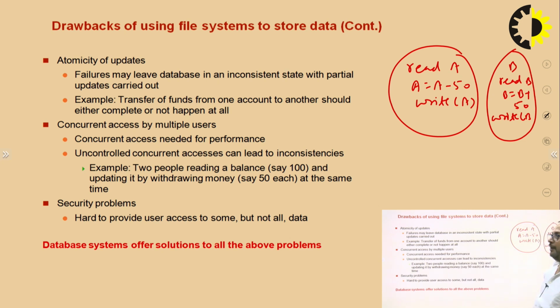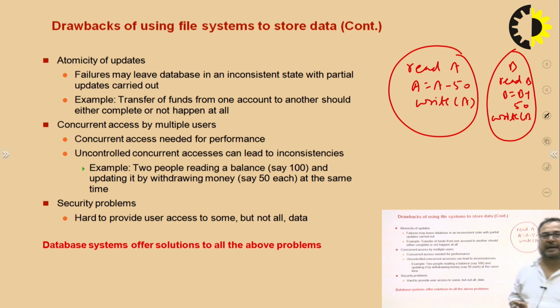These instructions must be atomic. Atomic means there could not be a situation where an account has been deducted, say A by $50, and B is not added in parallel. These instructions must be executed fully, not partially, either as a whole or not at all.